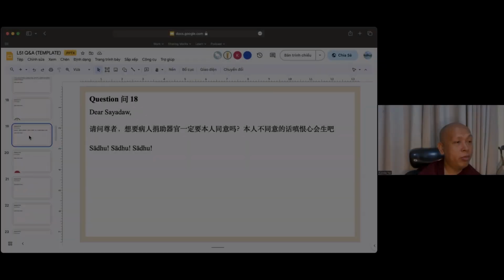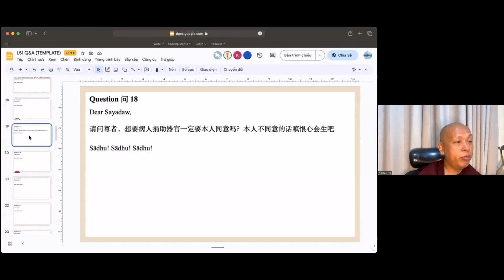Dear Sayadaw, if there is a request for organ donation from a patient, must it get the approval or agreement of the patient? If the patient does not agree, would a dosa mind arise? Okay. That means we cannot know their mind. I cannot answer this question.